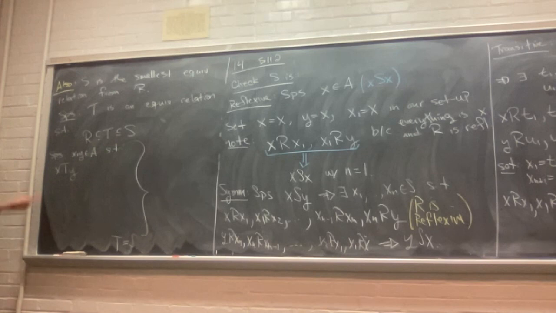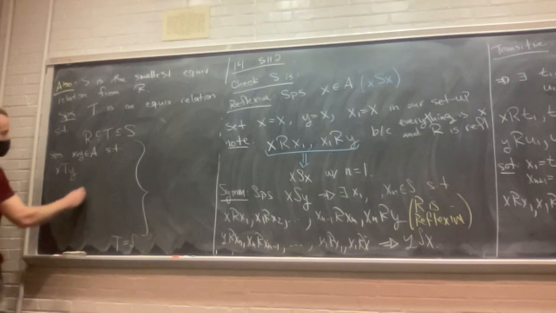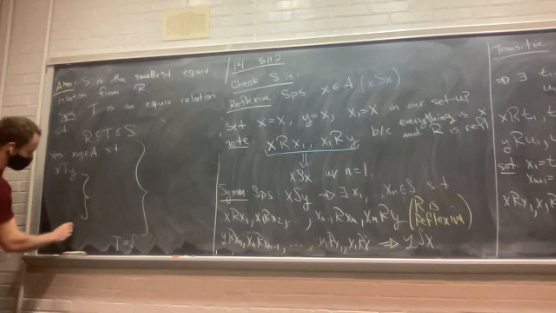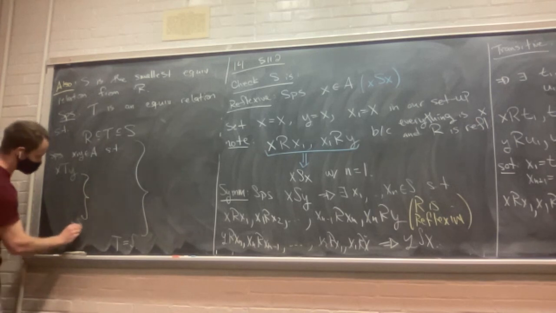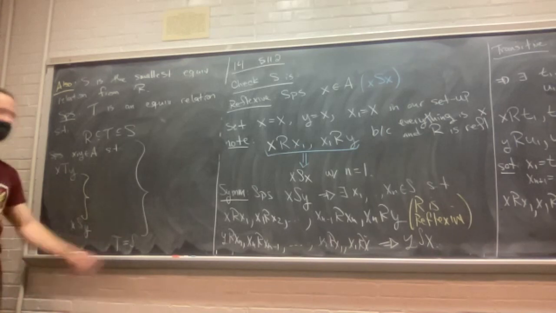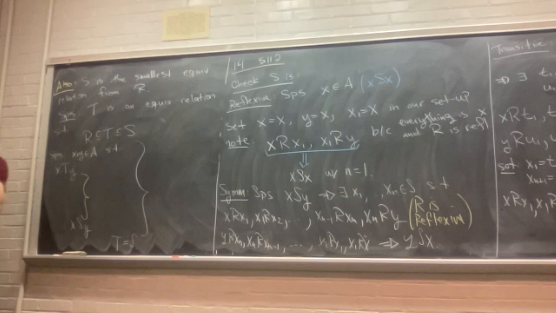And then use the fact that, or I don't know that you need to use the fact that R is a subset of T, but then what you're going to end up with at the end is that X is in fact S related to Y. So if X is T related to Y implies that it's S related to Y, that means that T has to be equal to S, given that T is a subset of S. So that's kind of the outline for that last part.